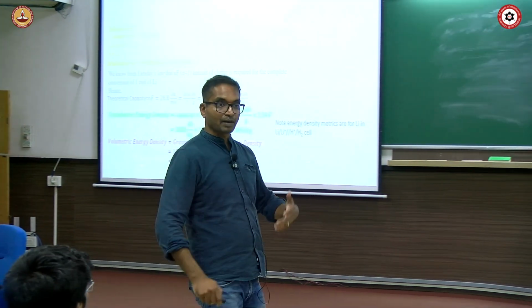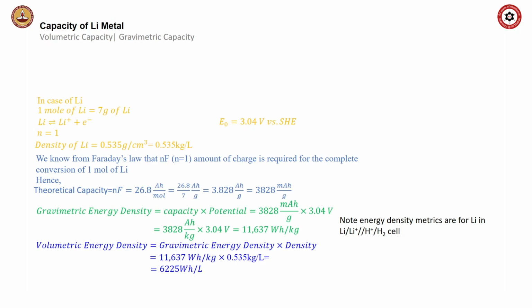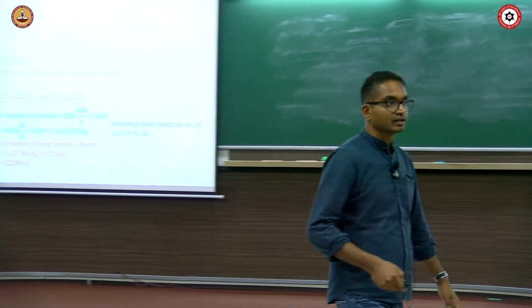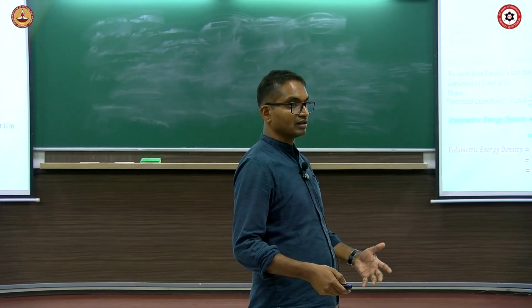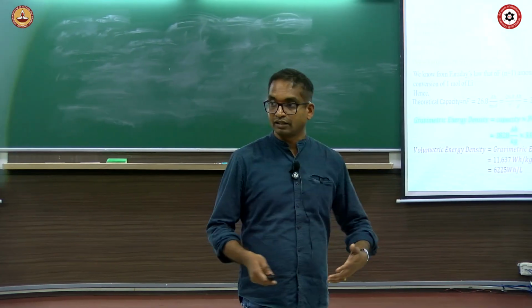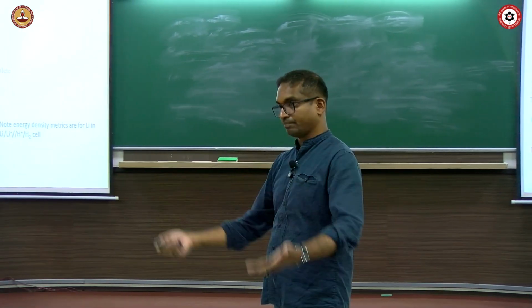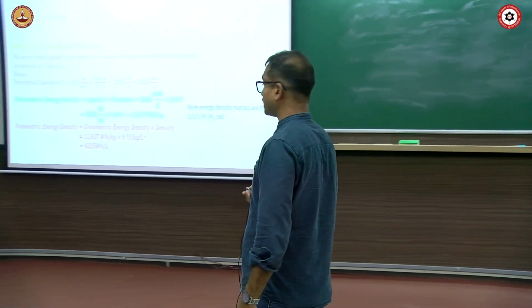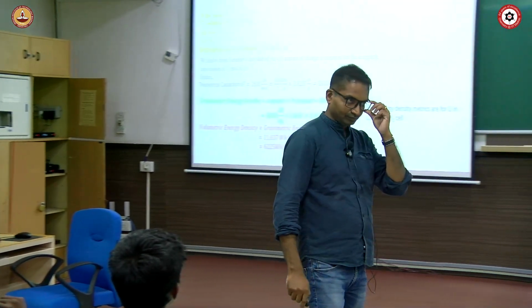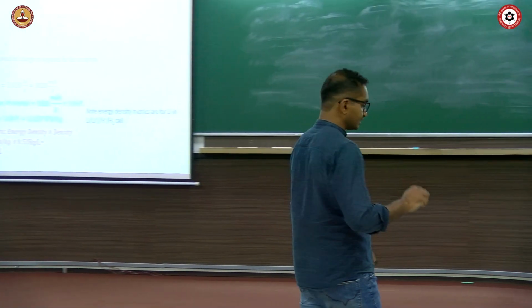Lithium has a capacity of giving this much charge from every gram: 3828 milliampere hour or 3.8 ampere hour. That much charge lithium can deliver from each gram. That is why it is called capacity. Correct? And then you can also calculate the energy density. But to calculate the energy density, we need the potential.